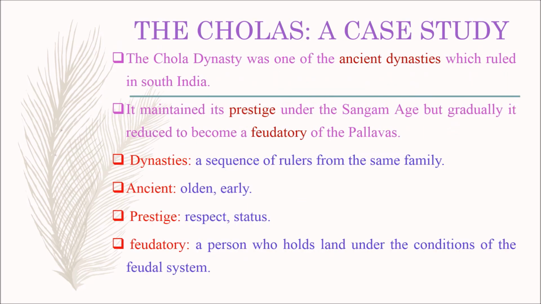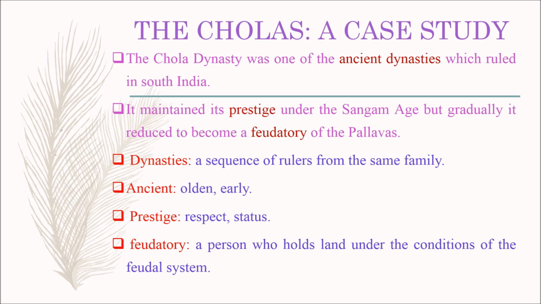Next, we are going to see the Cholas, a case study. The Chola dynasty was one of the ancient dynasties which ruled in South India. It maintained its prestige under the Sangam age, but gradually it reduced to become a feudatory of the Pallavas. Now let's see some keywords.